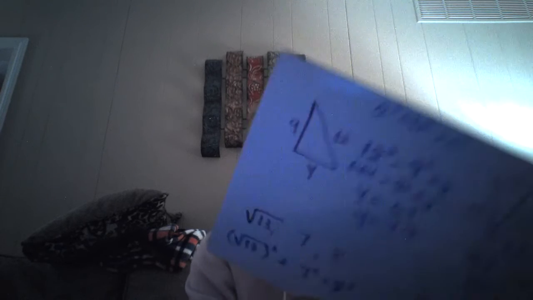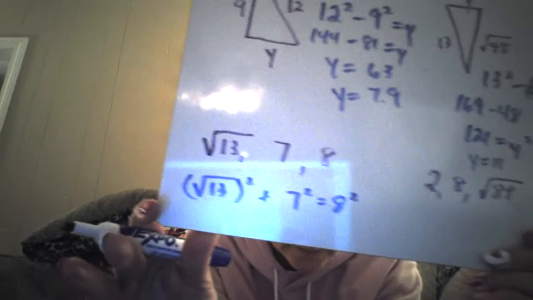We have to take the square root of 13 and square it. My numbers are the square root of 13, 7, and 8. You can do this with me. I'll pause a minute.